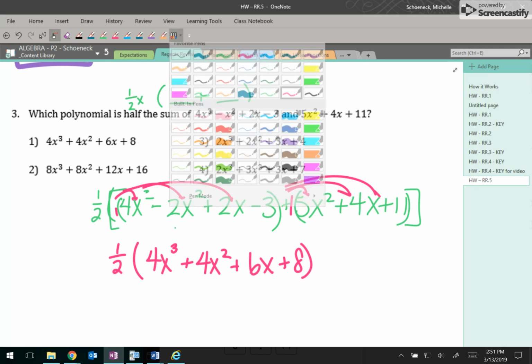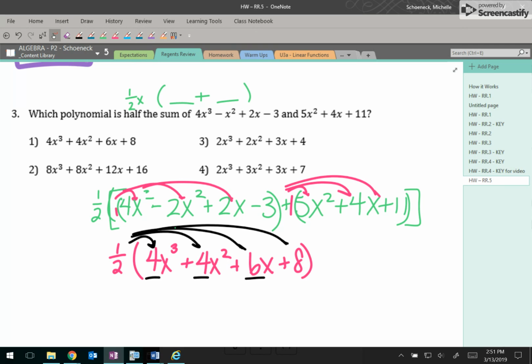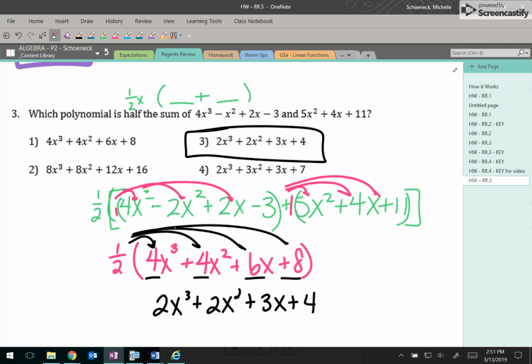And now we're going to distribute our 1/2 here. When we do that, we cut these coefficients in half. So we get 2x to the third plus 2x squared plus 3x plus 4, which is our answer, choice number 3.